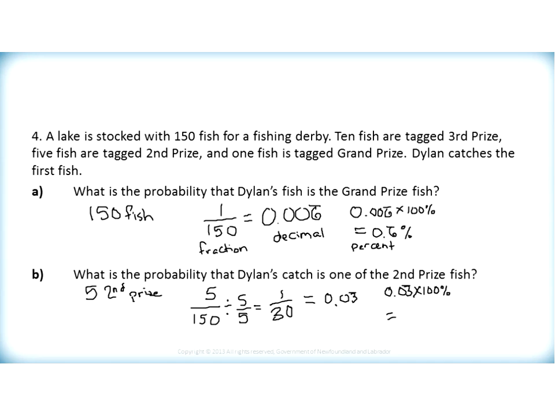So that would give us 3.3 repeating percent. So it's 1 out of 30, 0.03, or 3.3%.